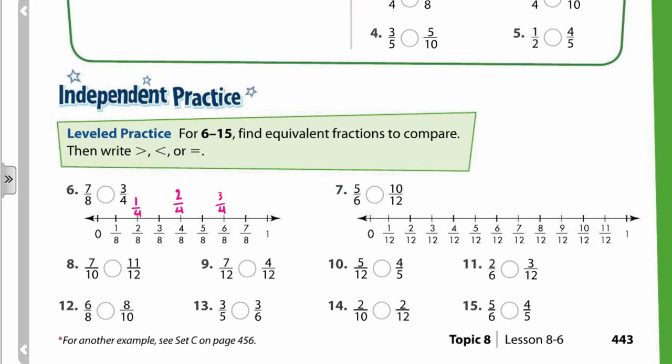Abdulaziz Khalid. Ala. Here, sir. Okay, Ala, go ahead. Which one is greater, 7/8 or 3/4?